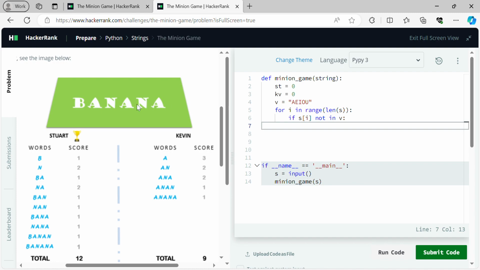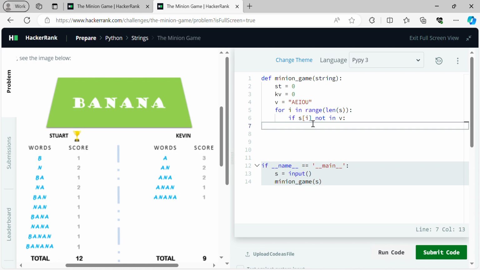Length of s means banana has 6 characters, so 6 is the length. I have explained the for loop concept many times, how important it is and how it works. If we don't mention start values, it starts from 0, so range 0 to 6 means 0, 1, 2, 3, 4, 5, up to 5 it will be iterating. In the first iteration it will take 0.